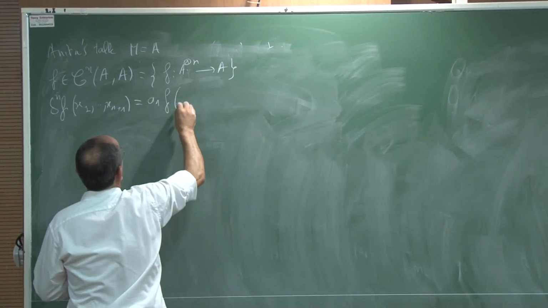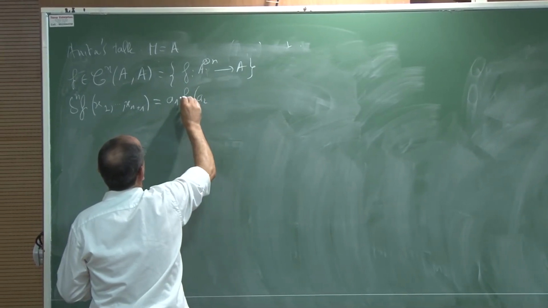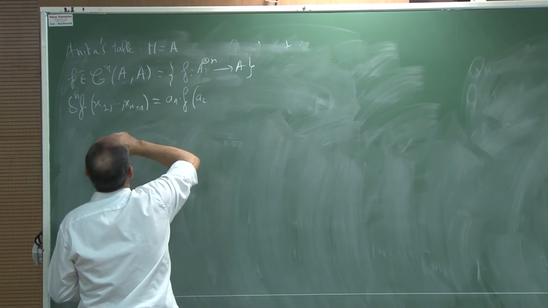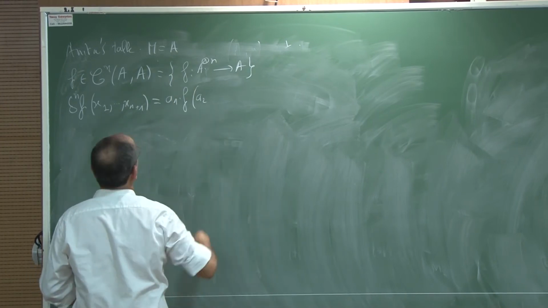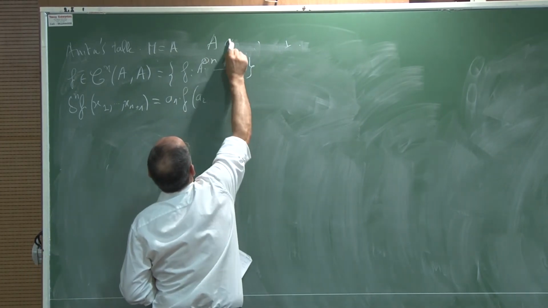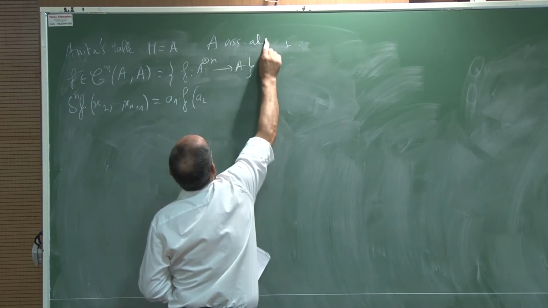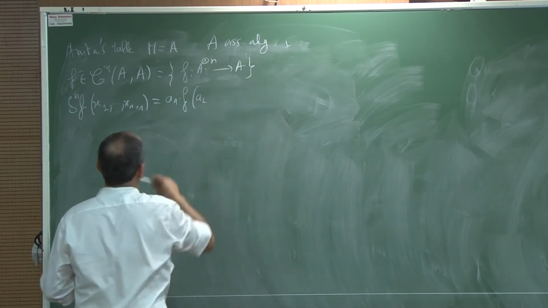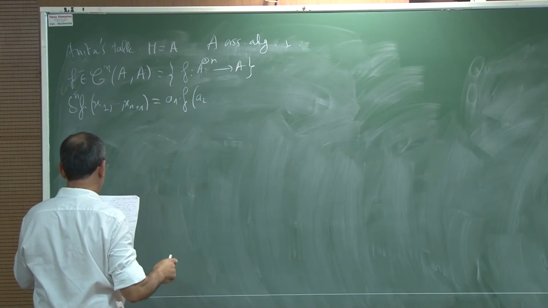Here the dot is the multiplication, and A is an associative algebra, and this is the Hochschild coboundary map.